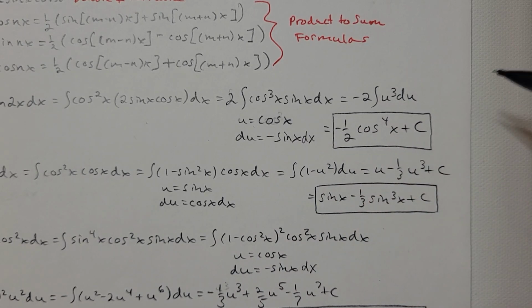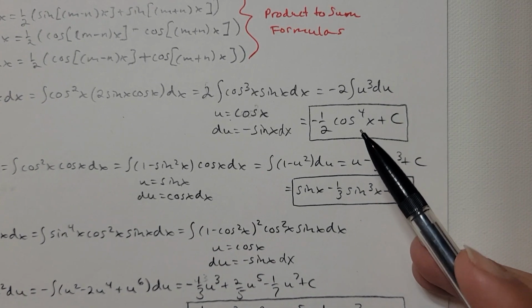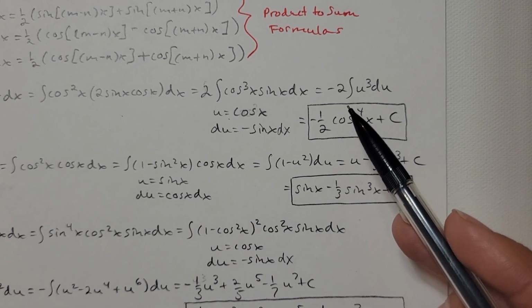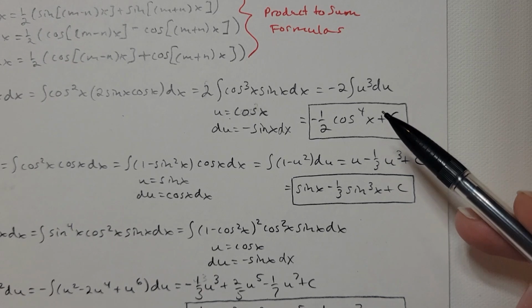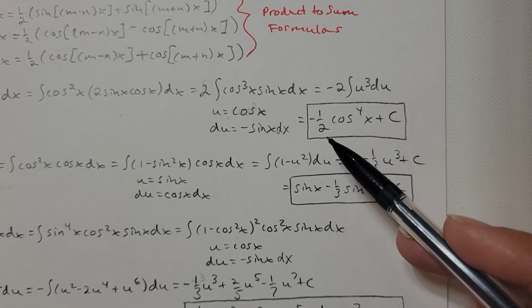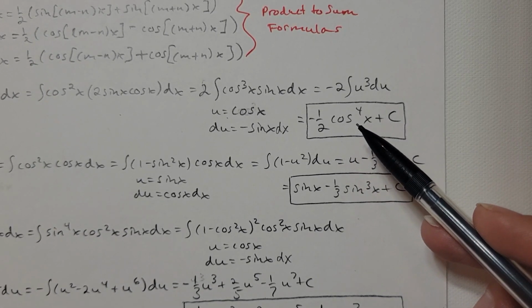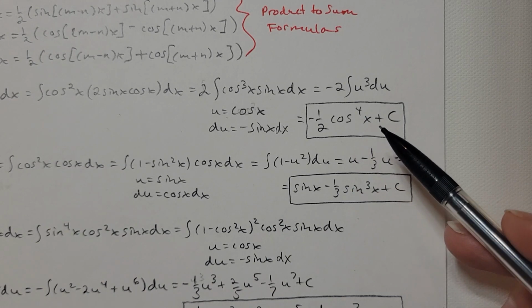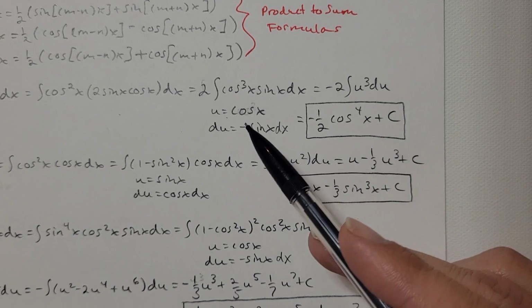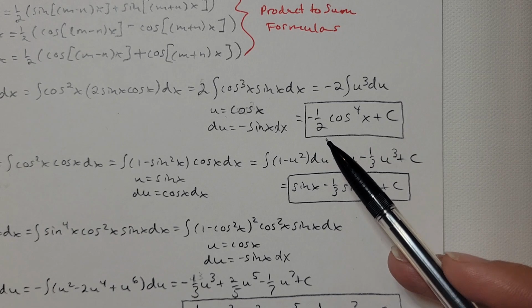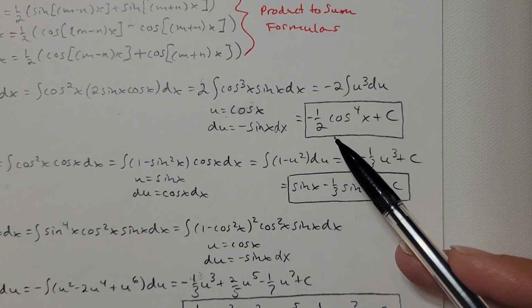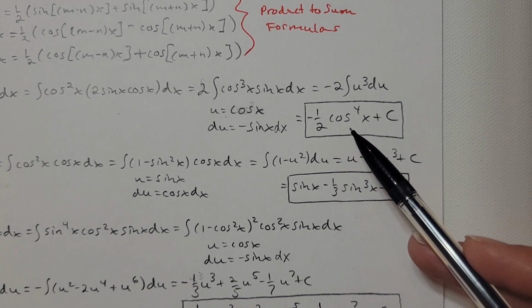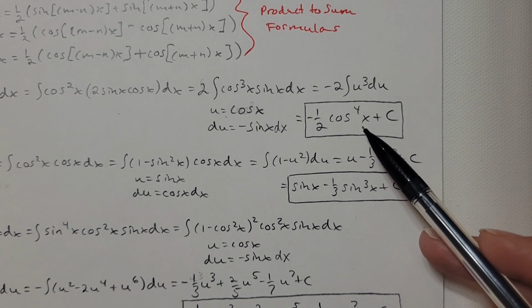And the antiderivative then would be negative 2 times u to the 4th over 4, or negative 1/2 u to the 4th, plus a constant. So u is cosine x, right? So my answer is going to be negative 1/2 cosine to the 4th of x plus c.